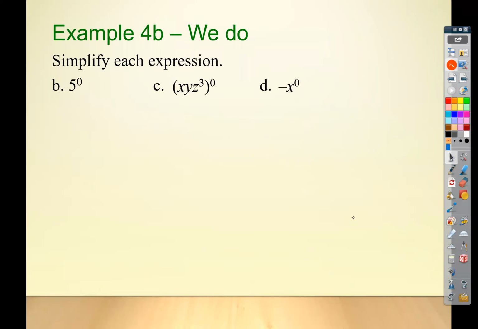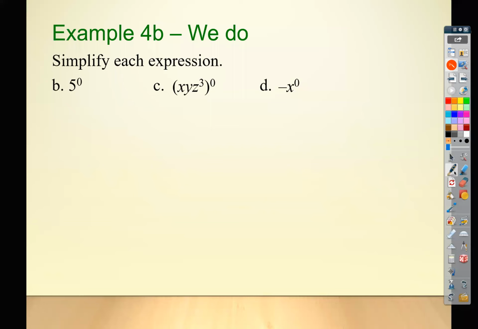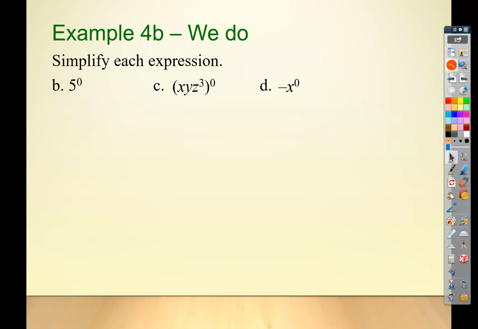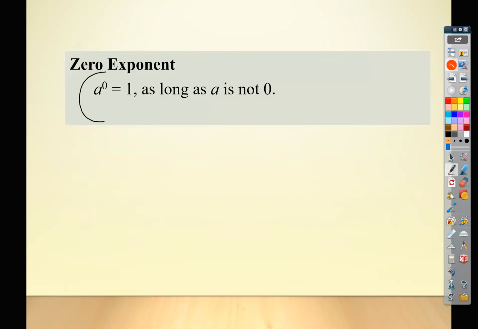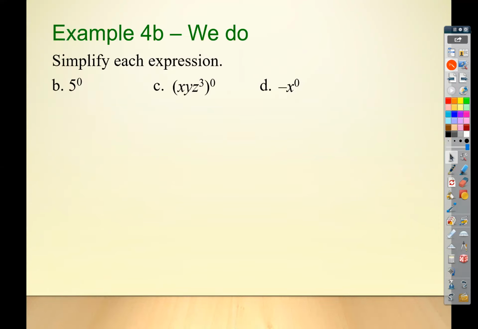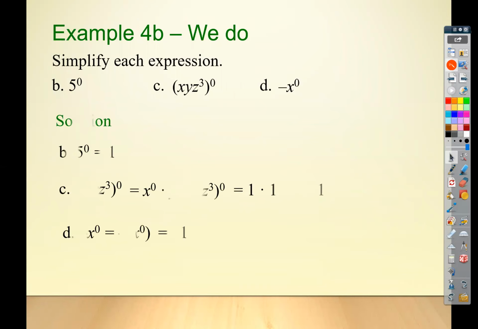Okay, so 4b says simplify the following. The thing about this is everything to the 0 power equals 1. That is very important. It does not equal 0. Everything to the 0 power equals 1. So these all equal 1 because they're all raised to the 0 power.